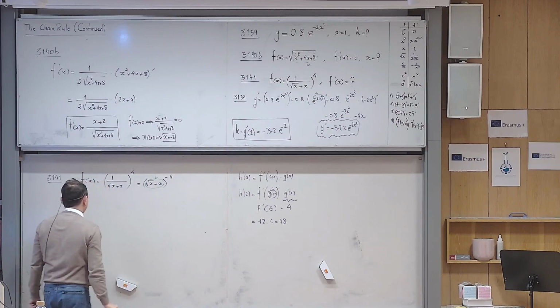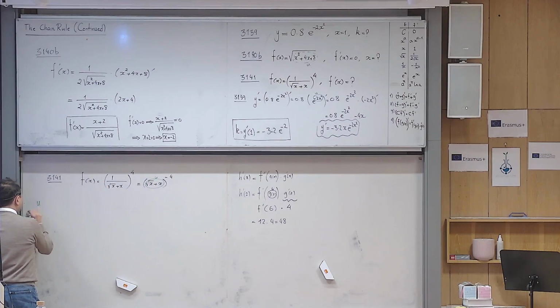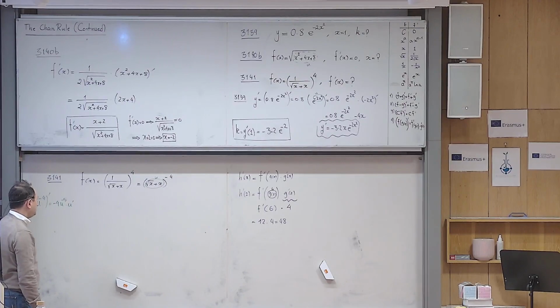Is it good? Yes. Why? Because if I take that u, then I will have u to the power minus 4. Do I know how to differentiate this? Yes, because I can pretend u to be x. Minus 4 goes down, and then 1 is subtracted from the exponent, so it becomes minus 5. Now that instead of x I have u, I have to remember to multiply by u prime.